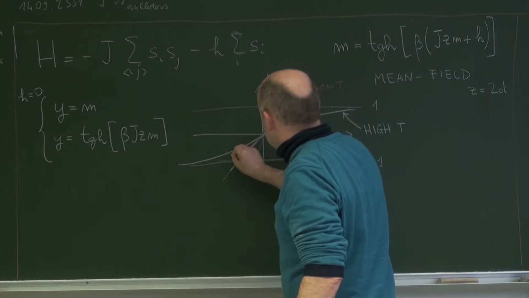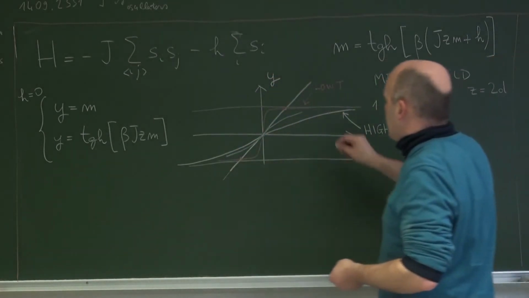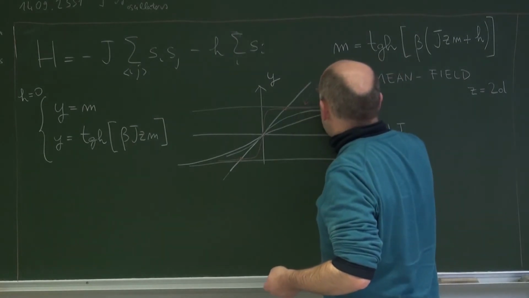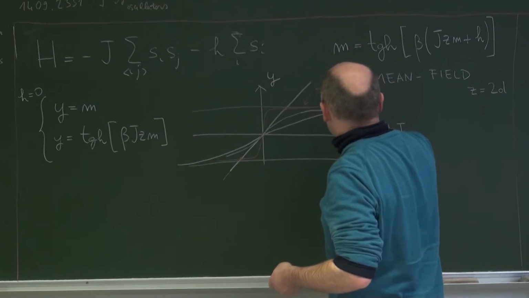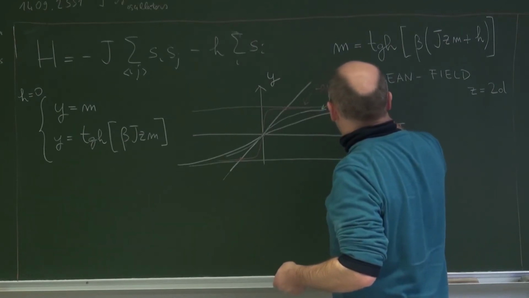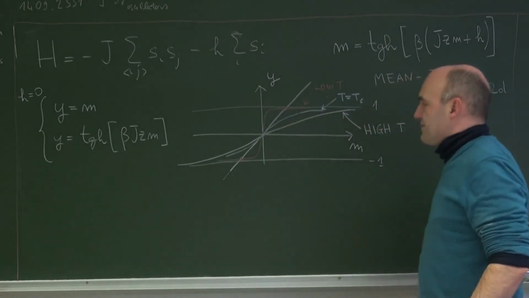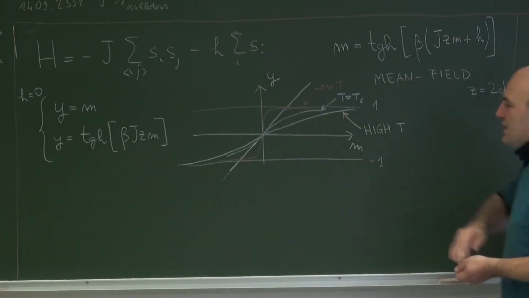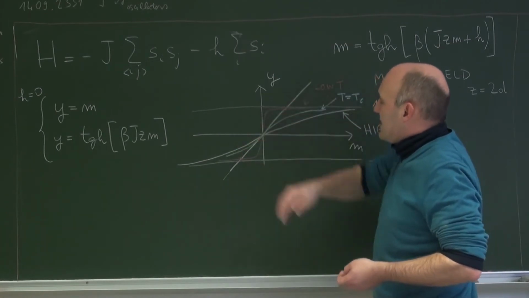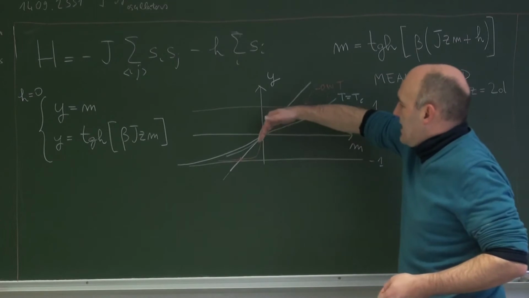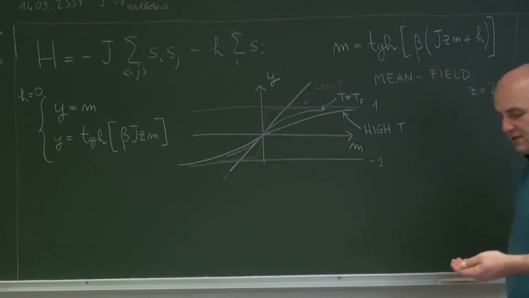It comes out like this. This third color, a blue, is TC. TC is characterized by the curve being tangent at that point, so that if I lower the temperature just a little bit, I go to the three intersections, and if I increase the temperature just a little bit, I go to one intersection.